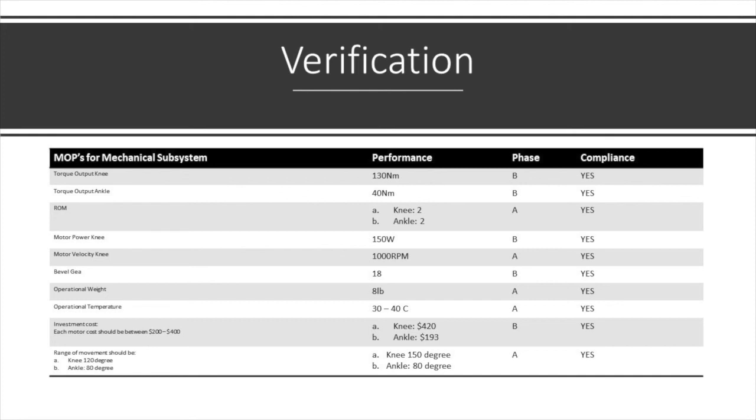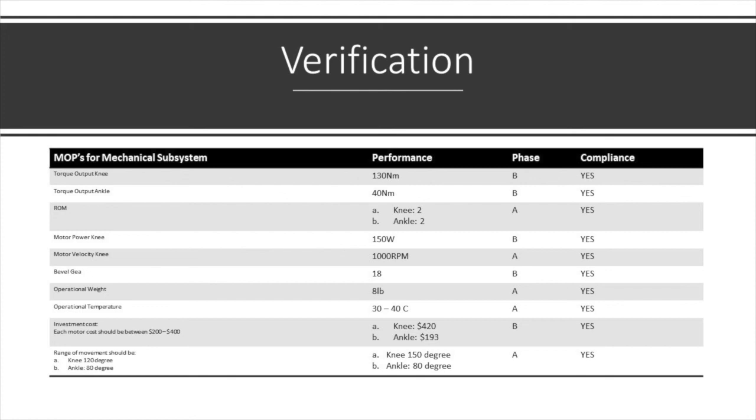The investment cost, in which we specified that ideally each model should cost no more than $400. We have the model used in the knee system at $420, which is basically in the range of what was previously stipulated, and an ankle model cost of $193, which is below our max, which means we comply.